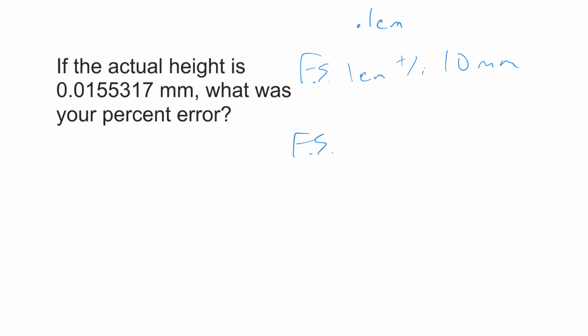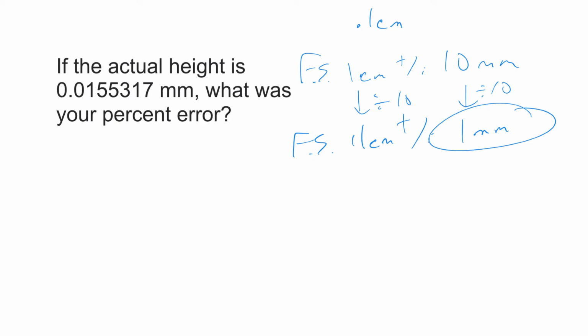And if I have 0.1 centimeters, I'd multiply by 10, and this would be 1 millimeter. So in millimeters, that was 1 millimeter. The actual height should have been this, which is really tiny compared to this one.